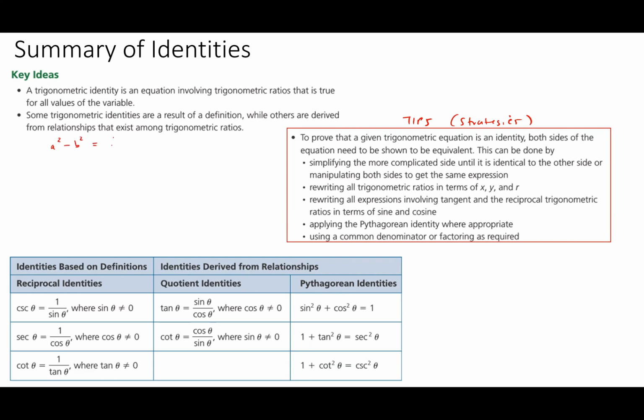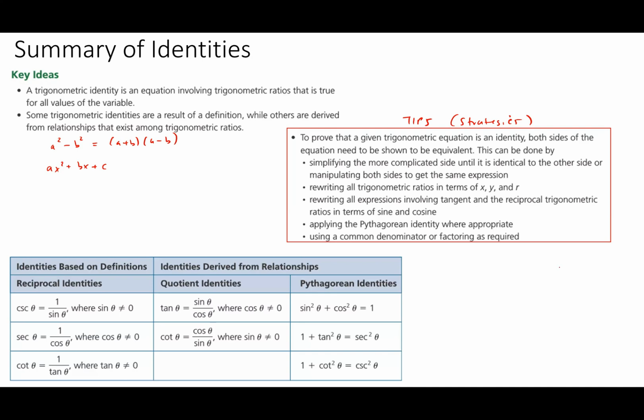This is the difference of squares, which you would have factored as a plus b, a minus b. Know how to factor quadratics, of course, ax squared plus bx plus c. So know these factoring techniques and some of these identities. And at the end of the day, practice is what's really going to help you with this. There isn't just going to be one question that's one size fits all. You have to know some of these strategies to approach a multitude of questions.